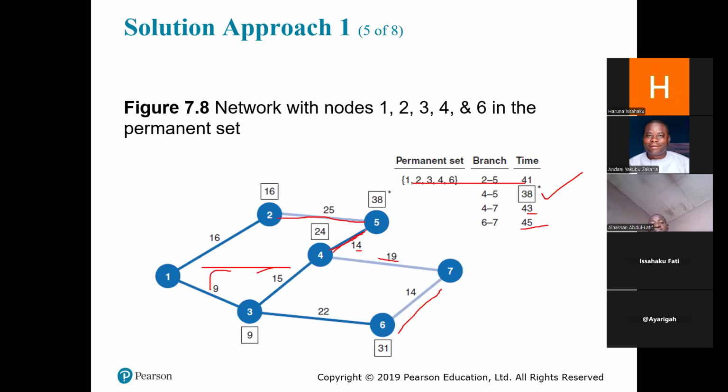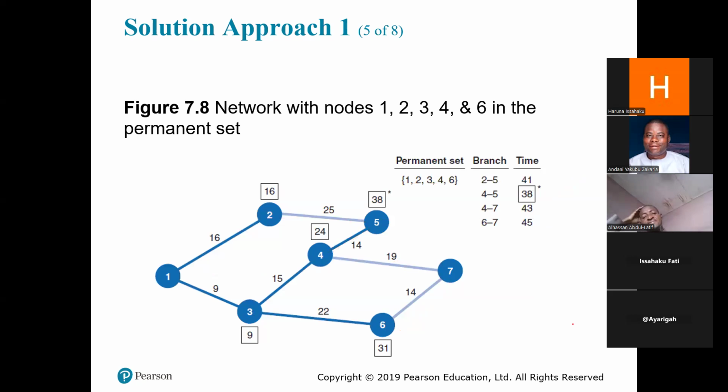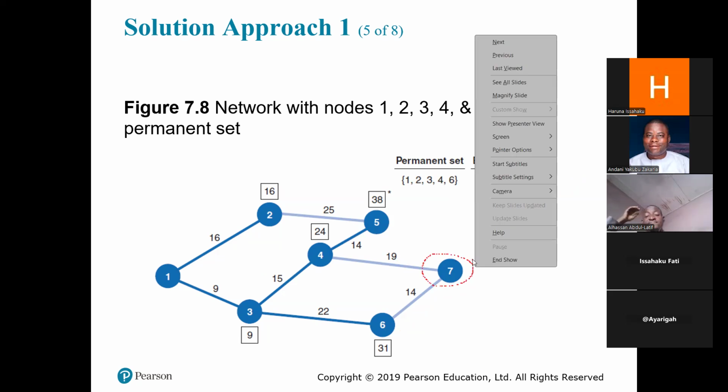So you see that 4, 5 is also deepened, which means that we now have 5 added to the permanent set. We are left with only destination 7 to connect. We have connected 1 up to 6. We are left with the last destination, which is 7.